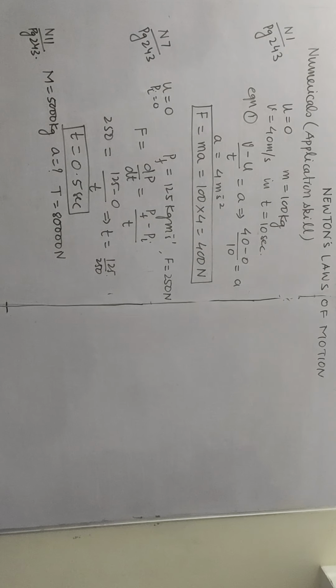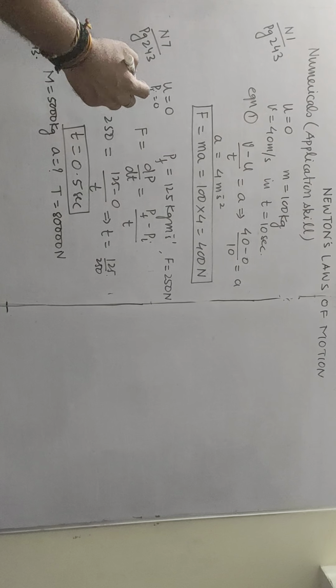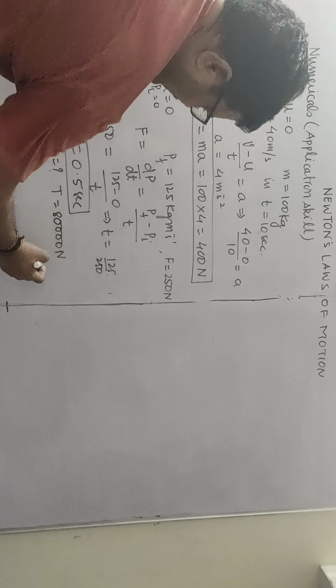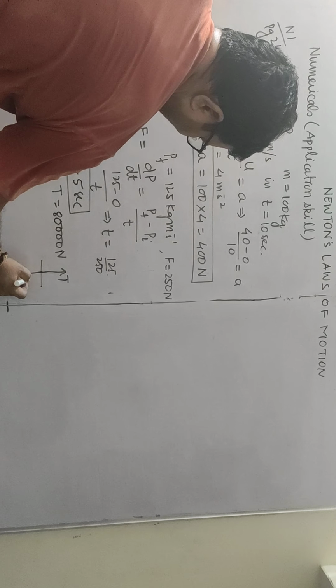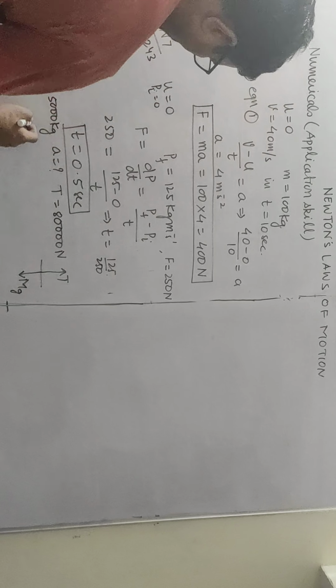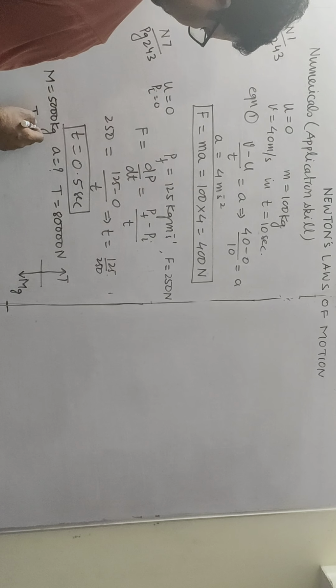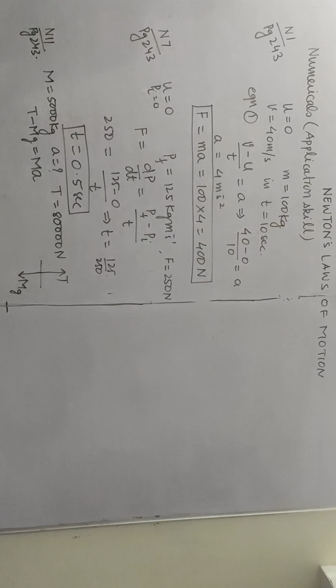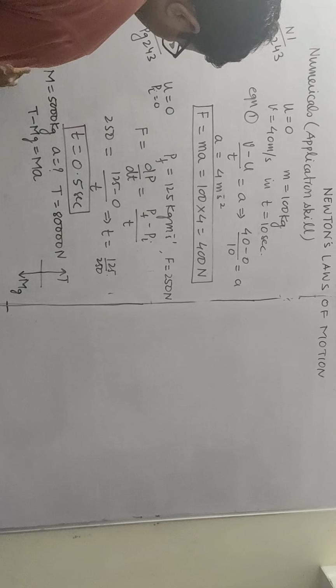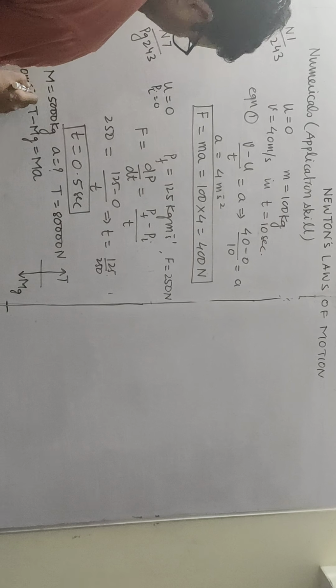So first of all, I need to find acceleration. If you consider this case, tension in the string is T, weight acting is mg, so T minus mg is equals to ma. g here is given as 10 meter per second square.